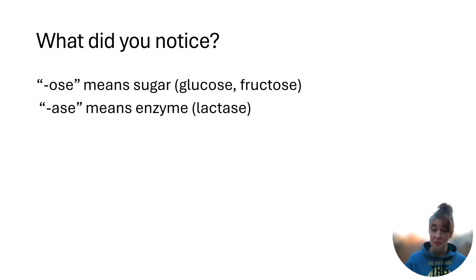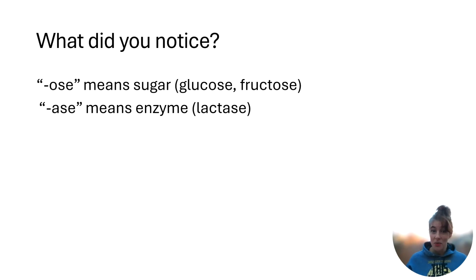What have you noticed maybe about some of those words that we've seen before? Well, within this unit, you should already have seen certain words like glucose, fructose. These are both carbohydrates. They're sugars. So that ending, OSE, is going to be a nice indicator to be like, oh, that's a carbohydrate, that's a sugar.